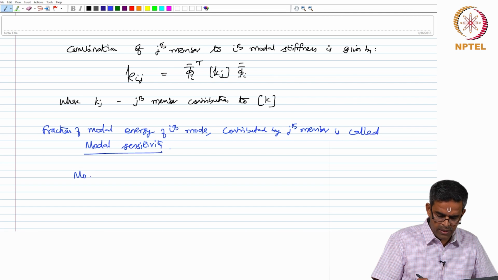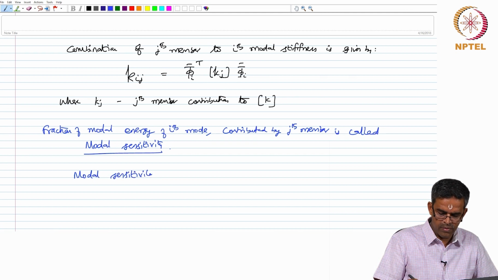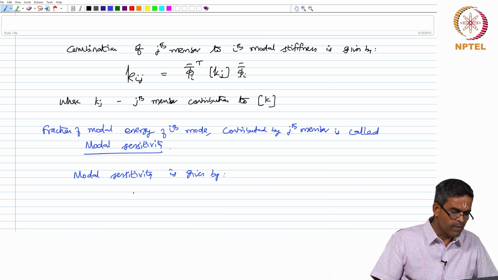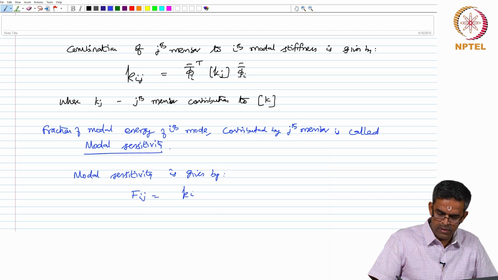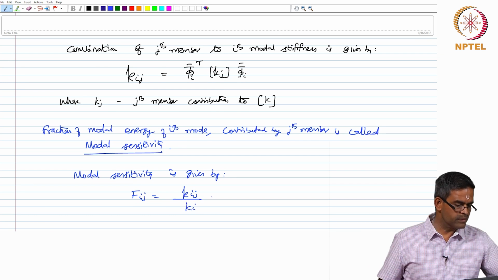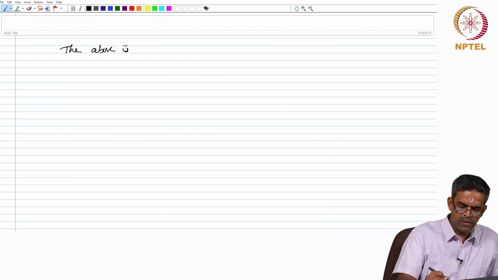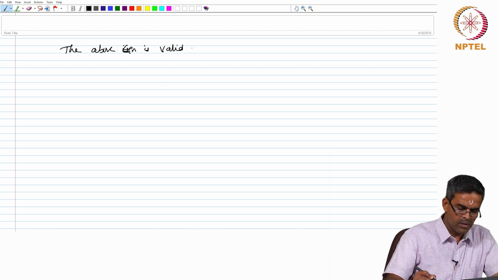Modal sensitivity is given by f_ij is k_ij by k_i. The above equation is valid for undamaged structure.